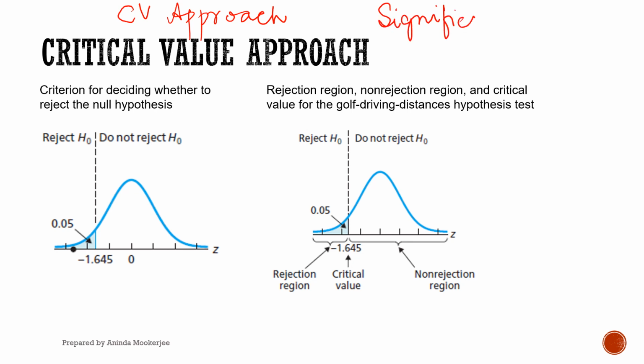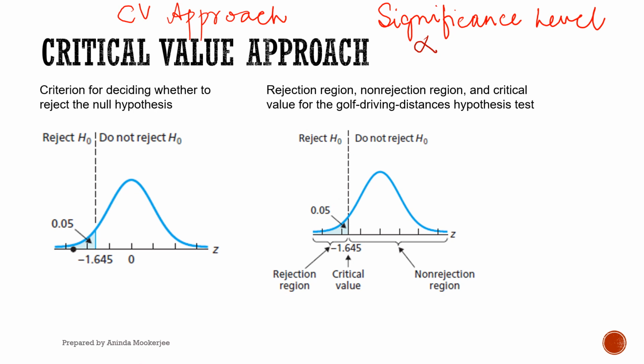The significance level tells us where the cutoff is going to be on a standard normal curve. What is the significance level? It is the probability of rejecting a true null hypothesis. And we said that the probability of rejecting a true null hypothesis should always be kept low. And that probability is denoted by alpha.